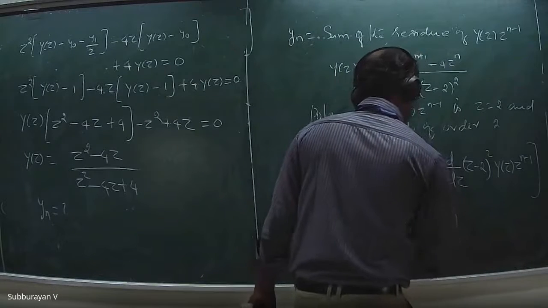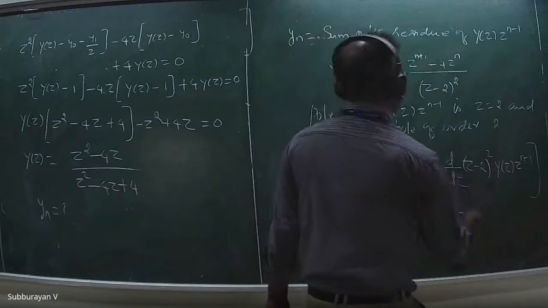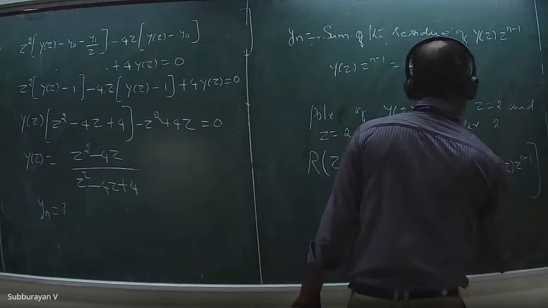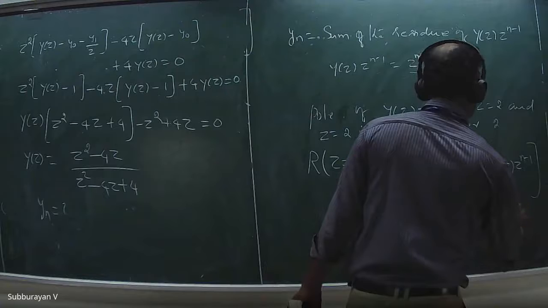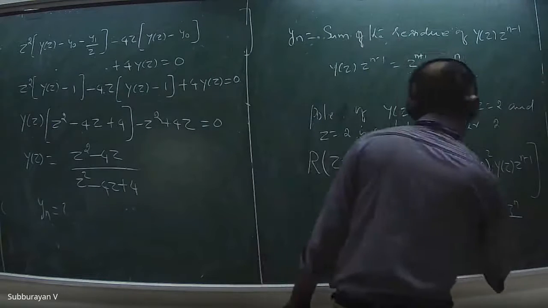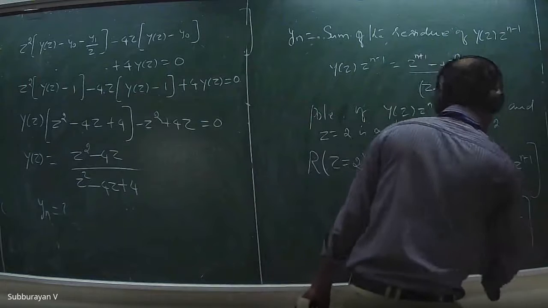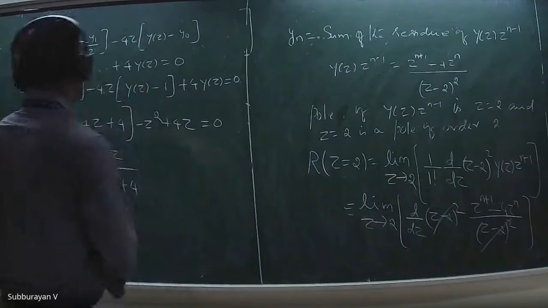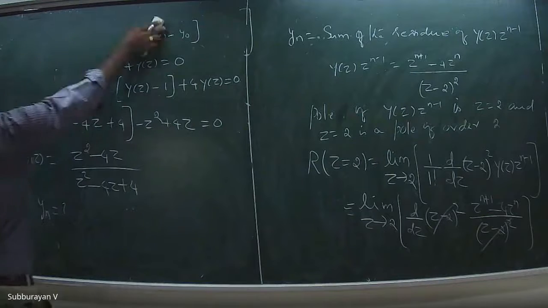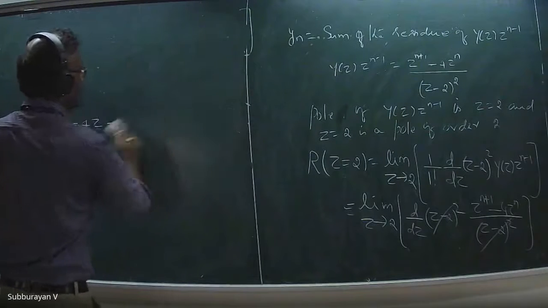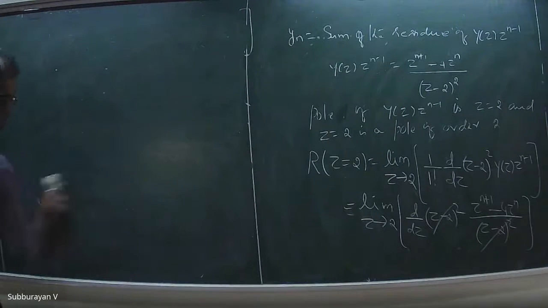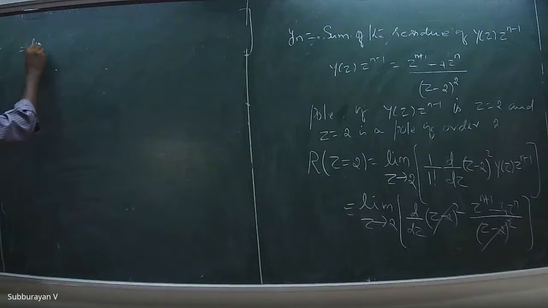So this is limit z tends to 2 of d by dz of z minus 2 the whole square into z power n plus 1 minus 4 times z power n divided by z minus 2 the whole square. Now you cancel it, and differentiate it one time with respect to z and then apply z equal to 2.